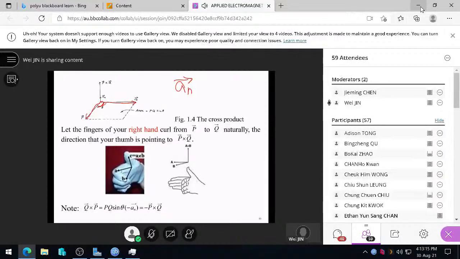For the x component, you cross out this row and this column: 2 multiplied by -2, subtract -3 multiplied by -4. Sorry, wrong. I erased this one.